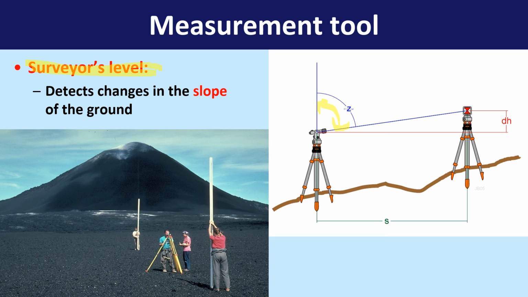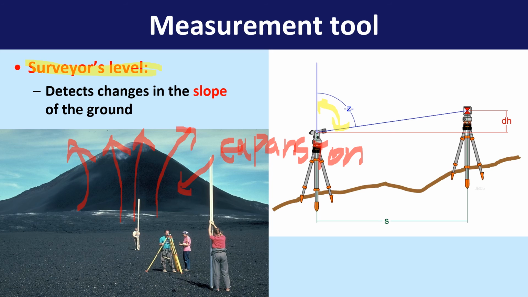Because if you think about an eruption that goes out like this, you will have expansion going on down there. It's a fancy way of saying the whole slope will get steeper, because it is expanding. There will be an angle change. So your job is figuring out that angle change.